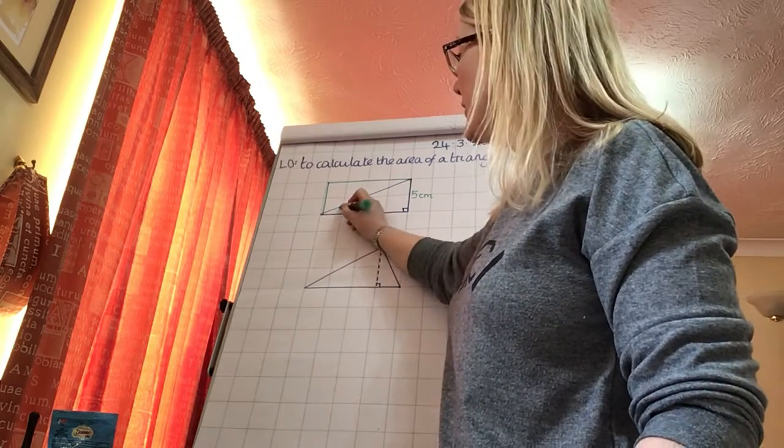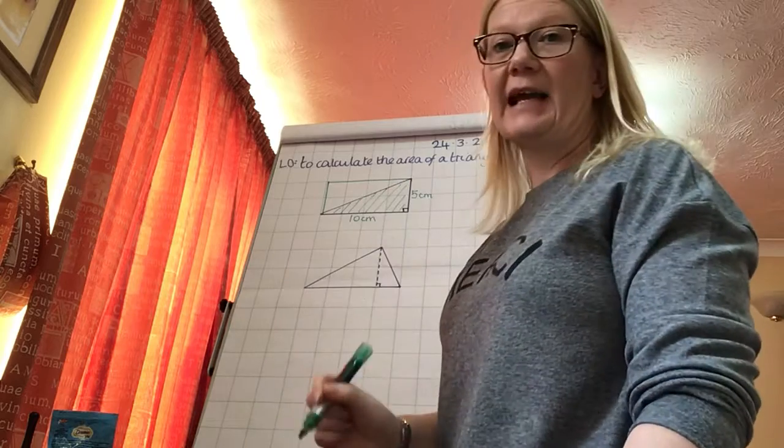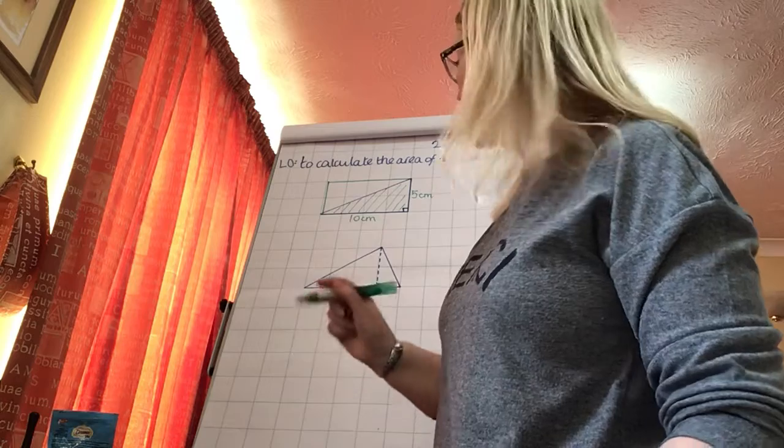So the area of our triangle must be exactly half the area of the rectangle we could make. So I'm going to write that down.